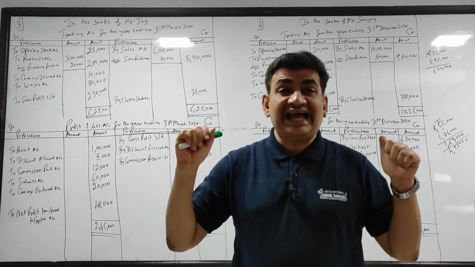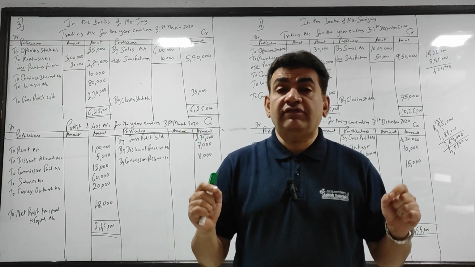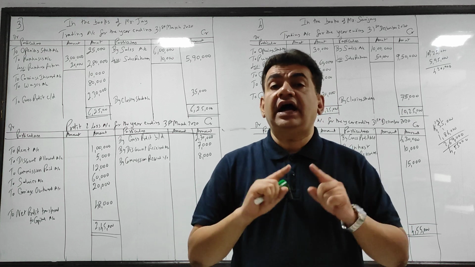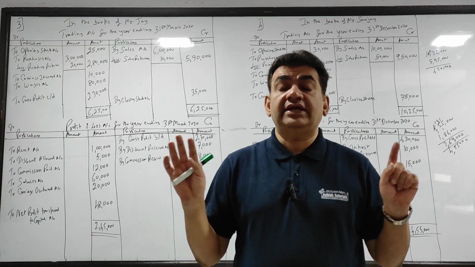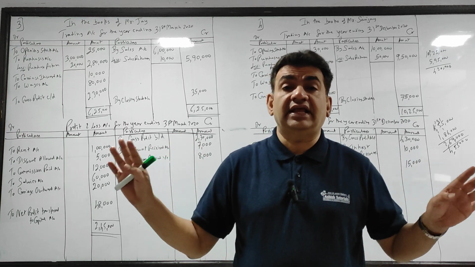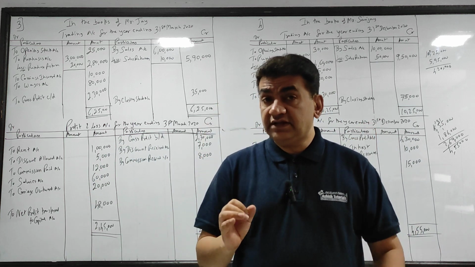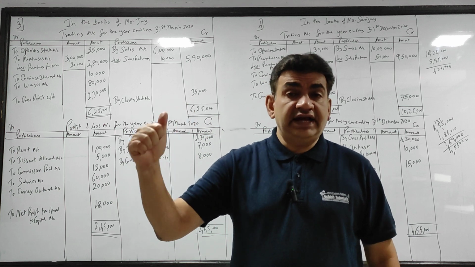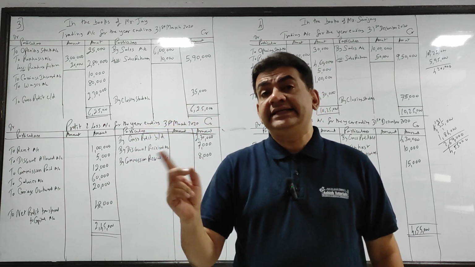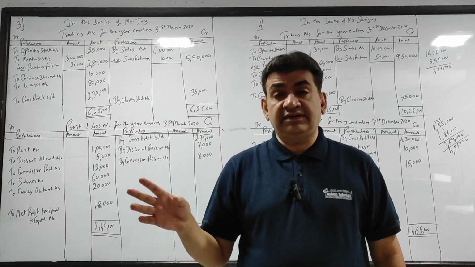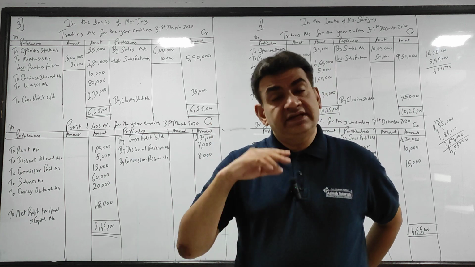Gross profit is the direct profit and net profit is the final profit after deducting all the indirect expenses and adjusting indirect income. And for a full-fledged sum of final accounts, there are three things: trading, P&L, balance sheet. In the next class, we will take a sum with balance sheet.